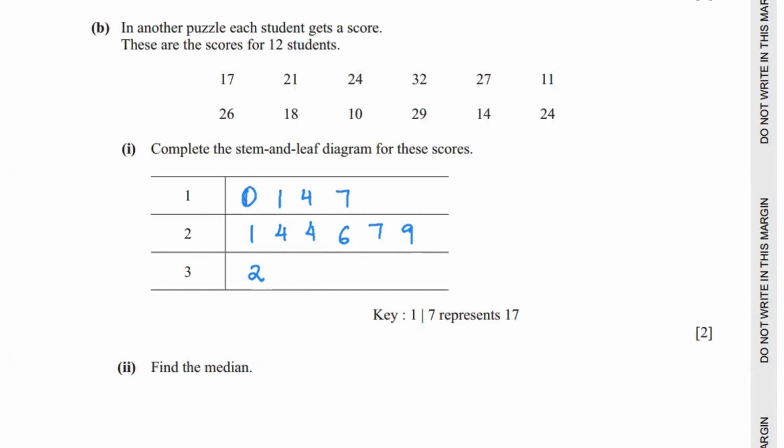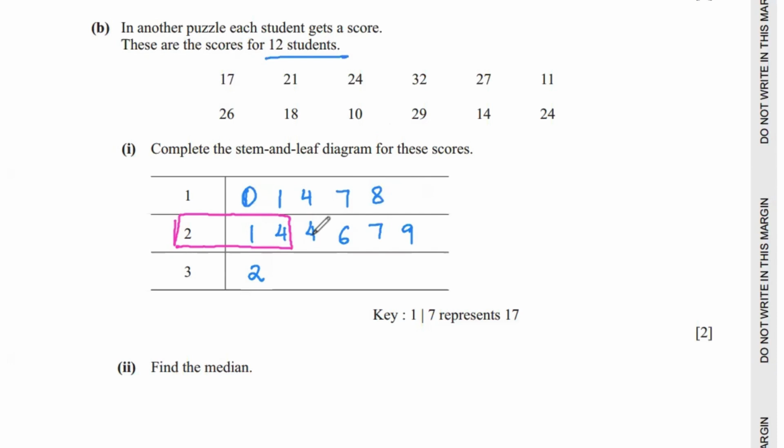Find the median. So median is your middle value. So in total, there are 12 students, which means the values in the middle are going to be 21 and 24. Wait, I think I missed one. There's an 8 over here. Okay. So before 21, we have 10, 11, 14, 17, and 18, 5 values.